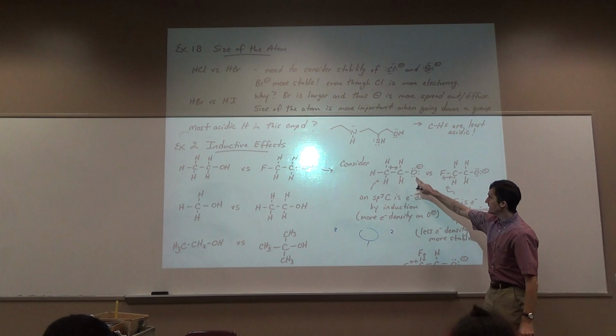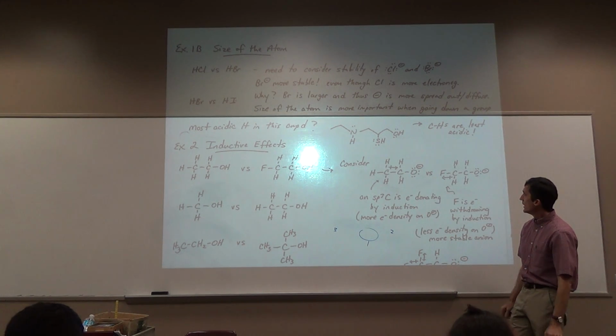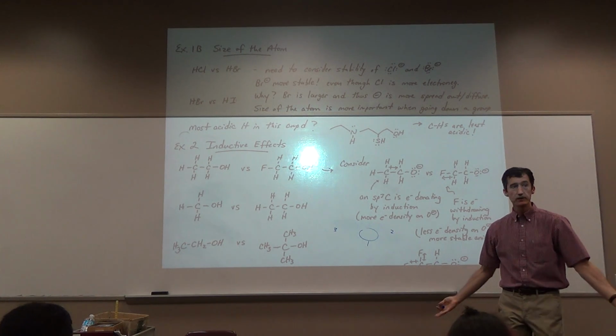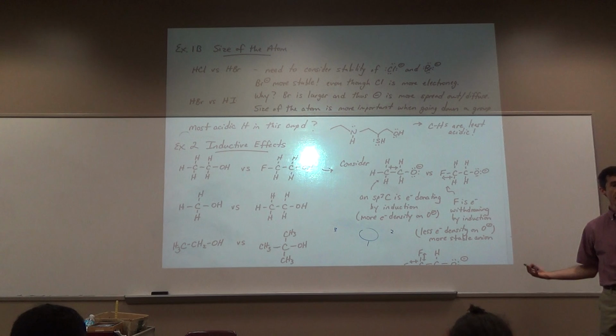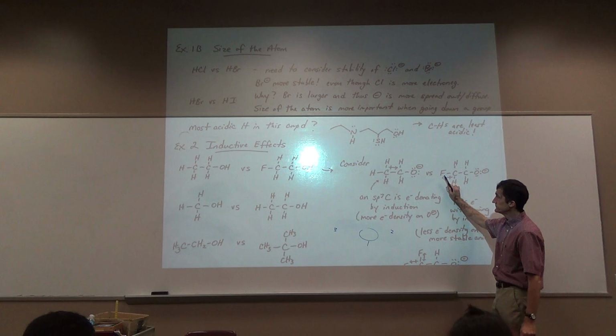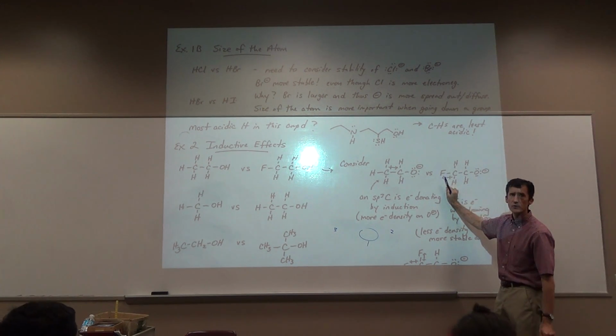Conjugate bases. Here's the conjugate base of the first one. Here's the conjugate base of the second one. The minus is on oxygen in both, so we can't use an electronegativity argument. It's the same atom, right? What's the difference in the two? Obviously, this one has a fluorine. Okay? The charge is not on the fluorine, is it? The oxygen.